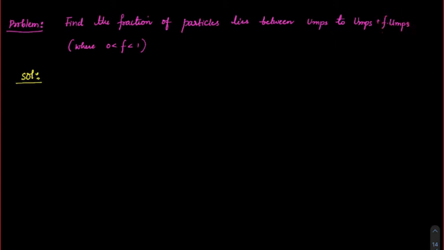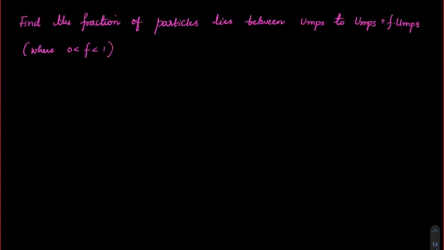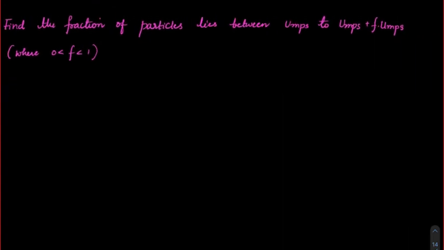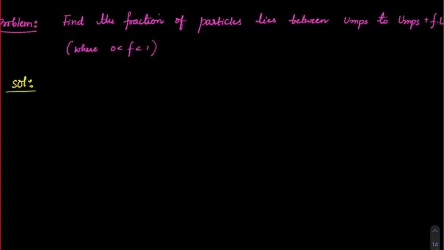Instead of giving this as some du, he has given some fraction into u MPS, and he has mentioned that the fraction will lie between 0 and 1. I hope the question is clear. Find the fraction of particles lying between u most probable and u most probable plus some f into u MPS, and the fraction is given this way.